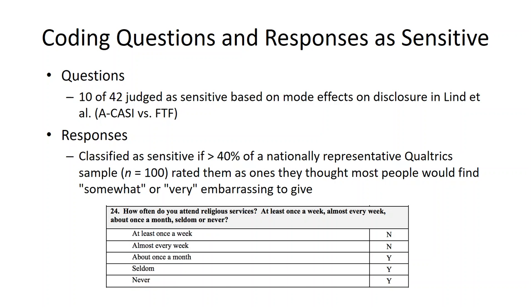So we can see here with this question, we have, how often do you attend religious services? At least once a week, almost every week, about once a month, seldom or never. And based on that 40% cutoff, more frequent attendance is not embarrassing, but less frequent attendance is.